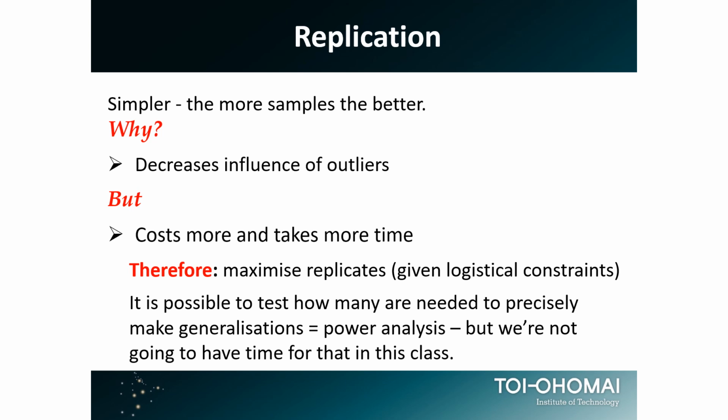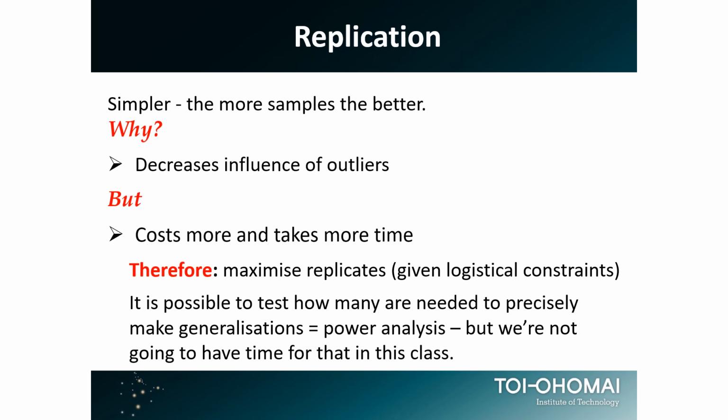You're not going to have a very good approximation of the mean height. Those are called outliers. They are very different from the average, the typical individual. And by increasing the number of samples, you can decrease the influence of those outliers.